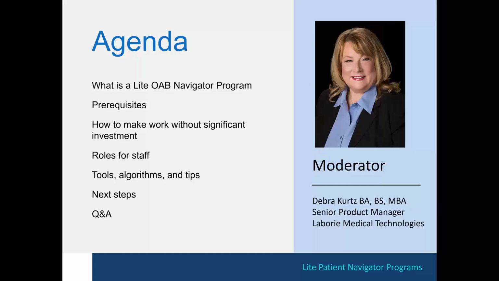And then most importantly, we'll be making recommendations on what activities can be handled by which of your current staff functions, and showing you tools and tips along the way based on what Betty and Beth learned when they were doing Lite Navigator programs themselves. So it'll be very practical oriented. Along the way, we'll give you lots of tips and algorithms, and then we'll close with Q&A.